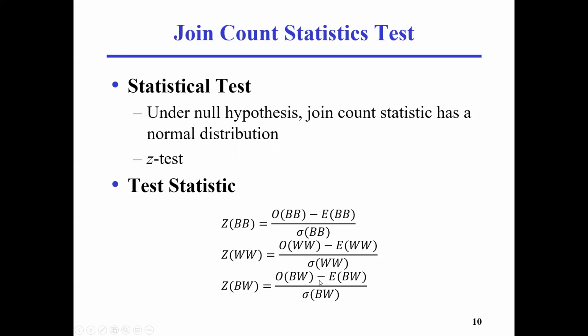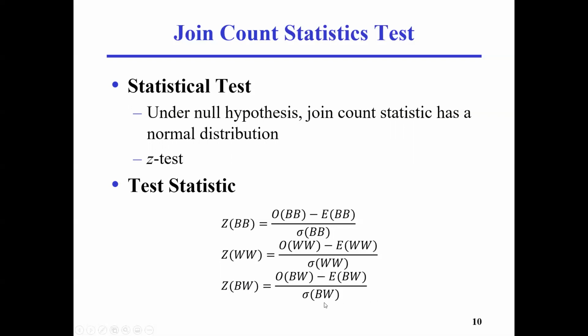The numerator is the difference between the observed number of BW joins and the expected number of BW joins. The denominator is the standard deviation of BW joins. Since this test is about the comparison between observed BW and expected BW, the most important formula among the three is the last one, ZBW.